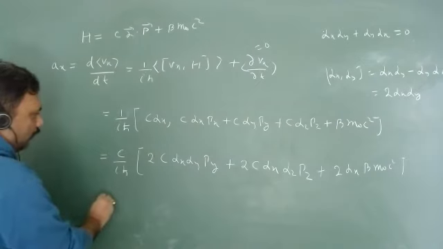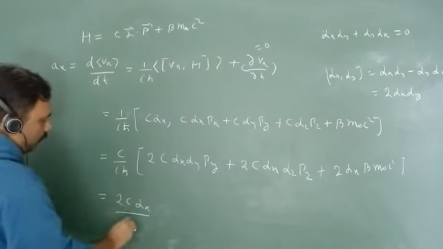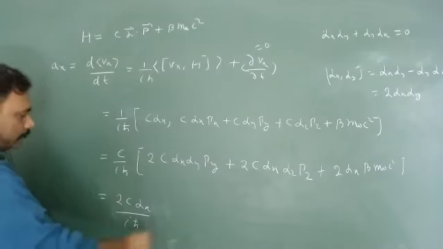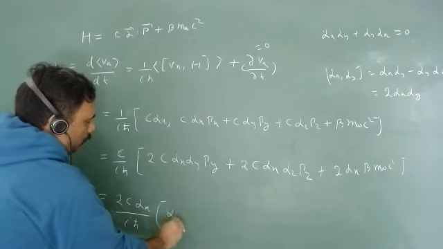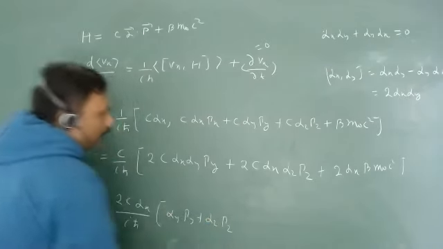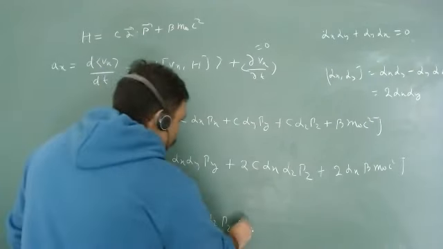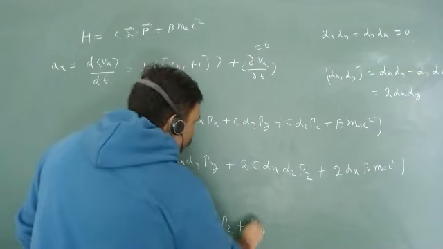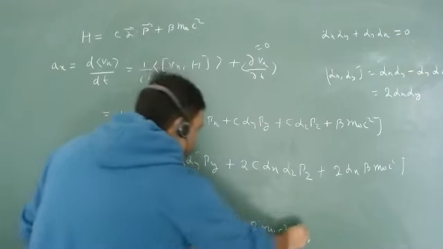So we can take 2c alpha x upon i h cat, and we have this value alpha y py, alpha z pz, and plus beta m naught c square.